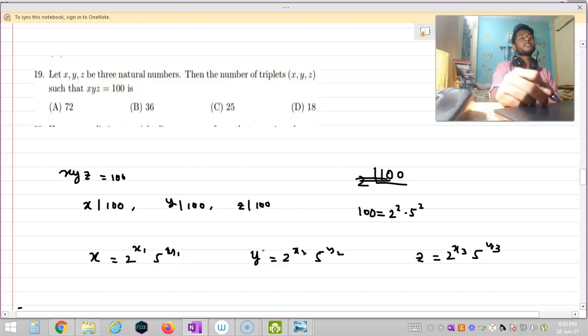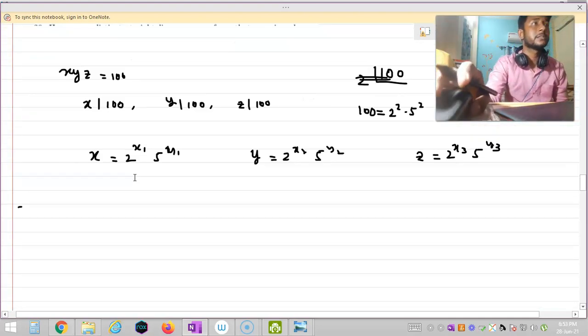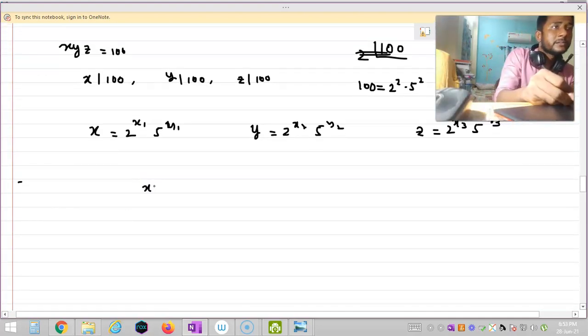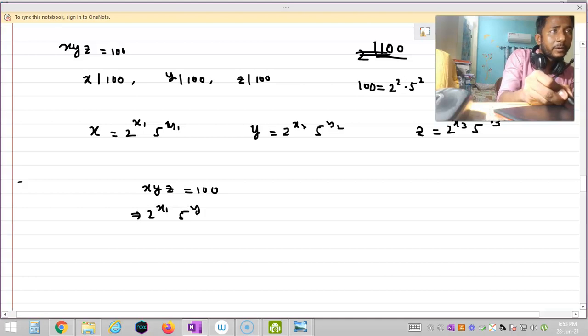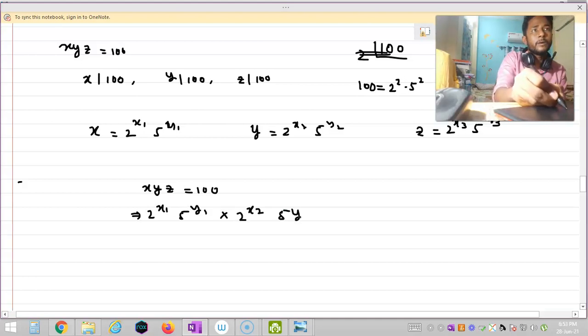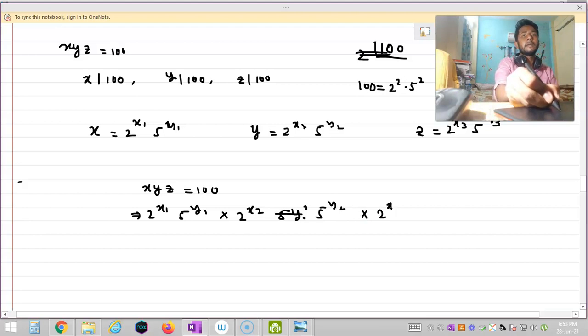So I am going to put these values in the equation xyz = 100. So 2^x1 × 5^y1 multiplied by 2^x2 × 5^y2 multiplied by 2^x3 × 5^y3 is equal to 100.